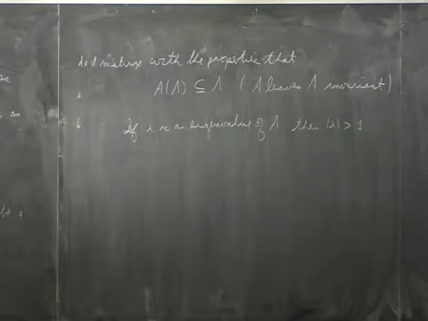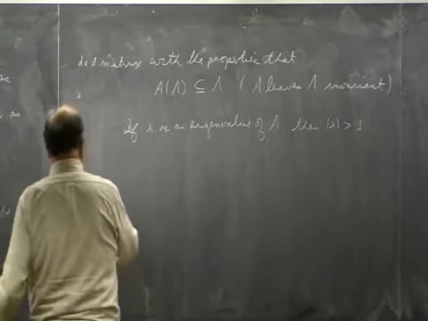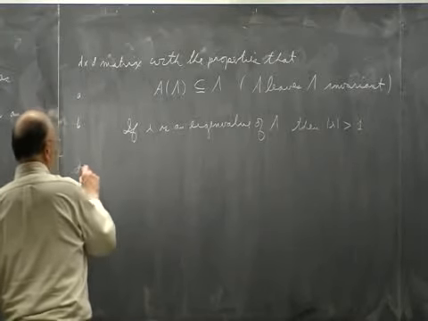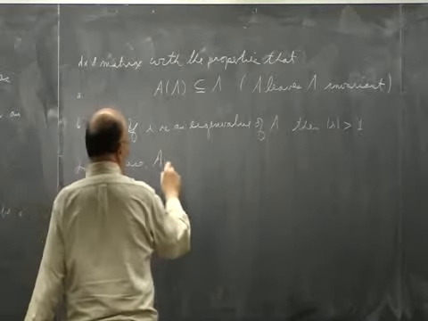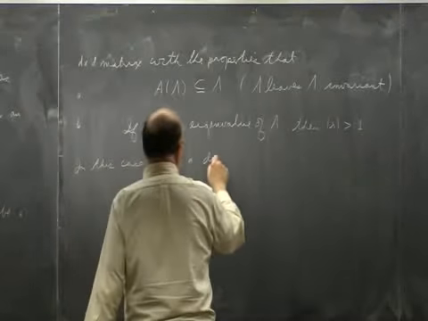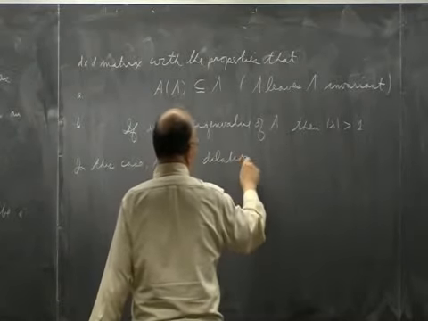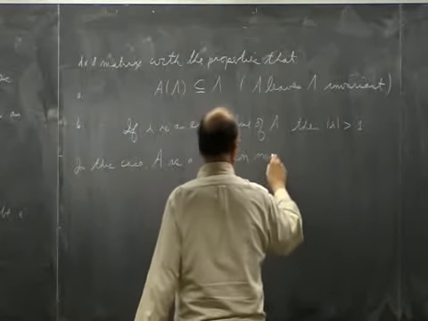Okay. And so such a matrix is called a dilation matrix. So in this case, A is a dilation matrix.